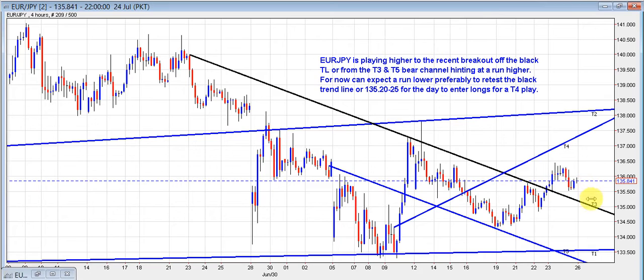Whatever the level that comes in, it's declining, so every 4 hour it'll be coming lower. We see if a test starts holding, we need to get a buy in. First target would be a new higher, probably about 136.50, and then look for continuation towards this end.